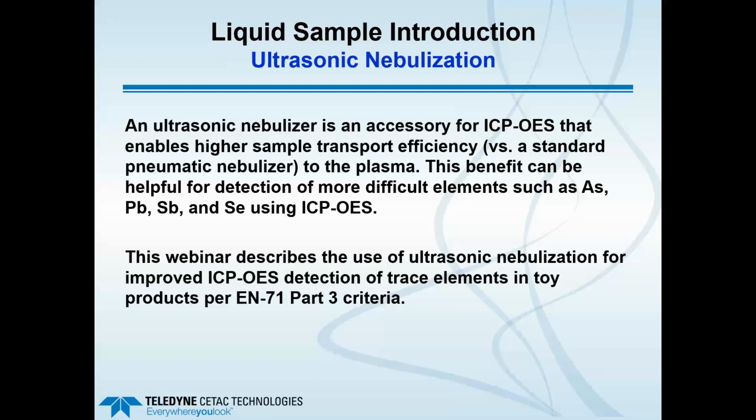This accessory's benefit can be helpful for detection of more difficult elements such as arsenic, lead, antimony, and selenium when using ICP-OES for detection. This webinar will describe the method used for both sample preparation and the use of the ultrasonic nebulizer in the detection of trace elements in toy products per EN71 Part 3 criteria.